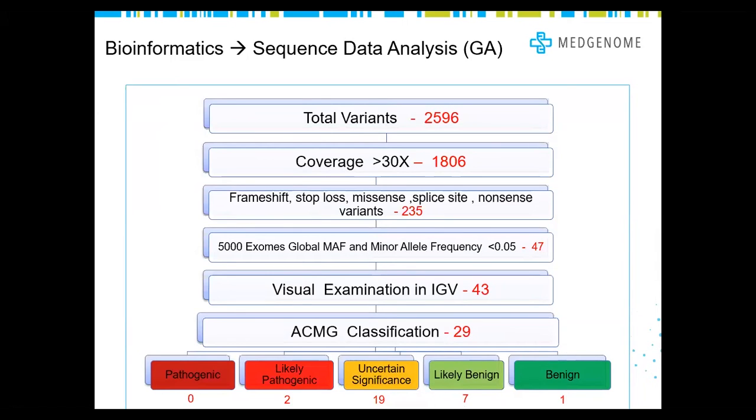Again, we filter it further, and it would remove the unnecessary variants which are not falling into this category. And then we have to choose a minor allele frequency. We check the variant in the IGV, and then after putting the ACMG classification, after almost 3,000 genes, we can ultimately shortlist almost 20-25 genes, which could be worth reporting or ignoring.